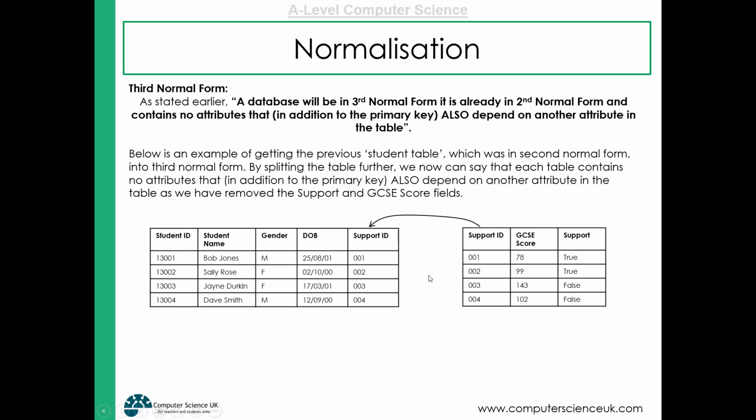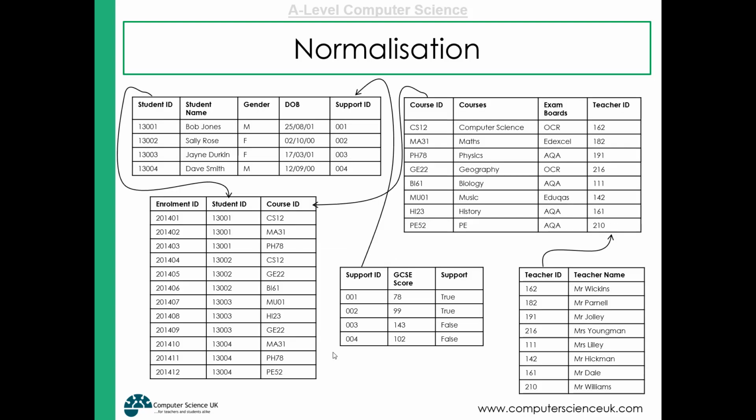So now what we've got is our student table, and we've got a support table. Whether they get support or not is dependent on the GCSE score. Both of those things are dependent on the support ID, and then we can put the support ID into the student table. So our database is now in third normal form, and here are the relationships.